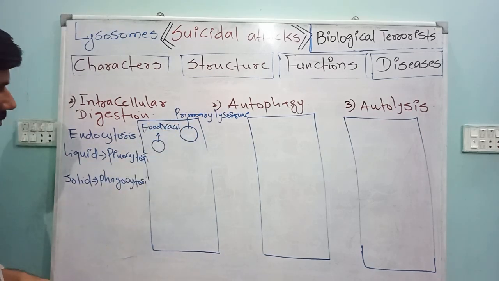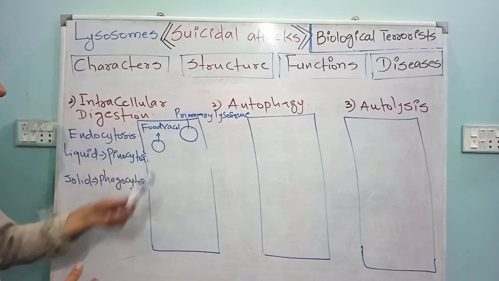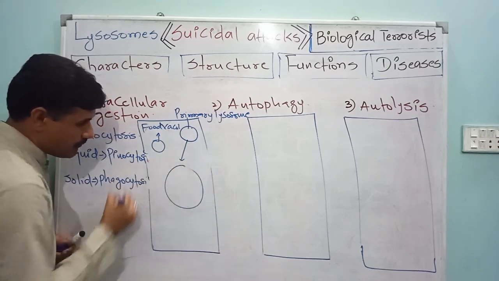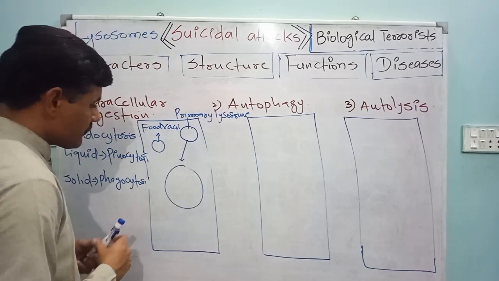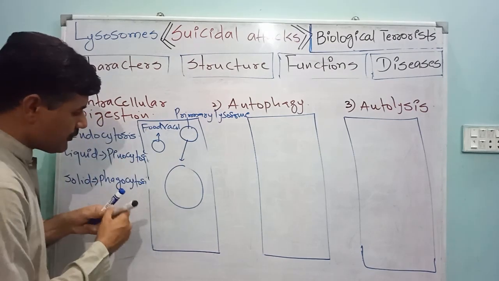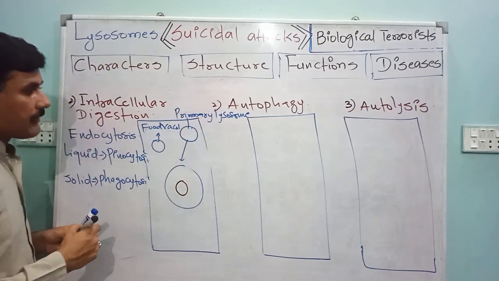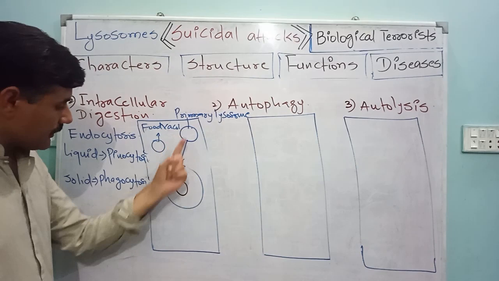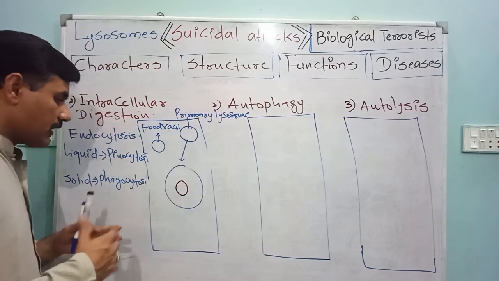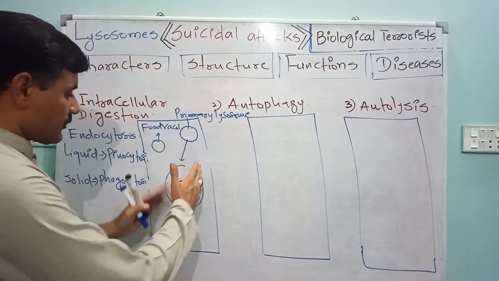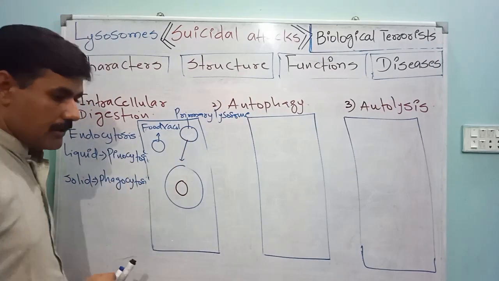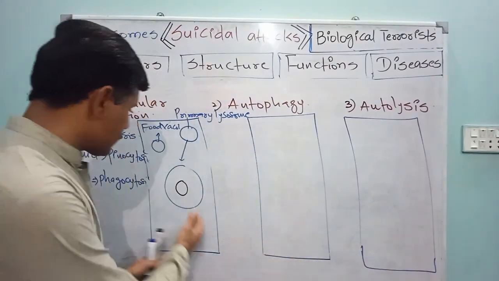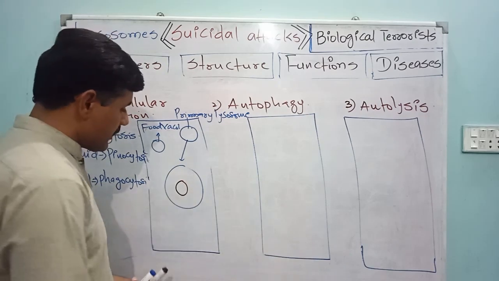When these food vacuoles containing food finally fuse with this lysosome containing hydrolytic enzymes, the state of the lysosome changes from primary to secondary. This lysosome contains hydrolytic enzymes, and they will digest this food, which is in a complex form, and convert it into a simple form.